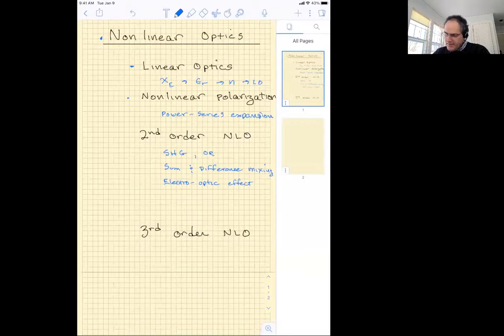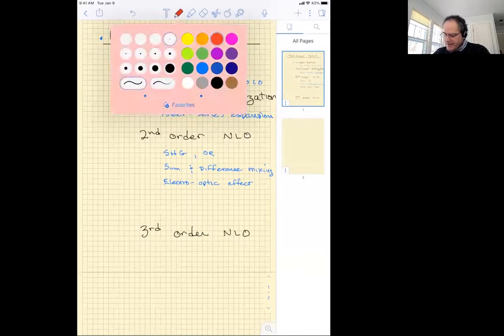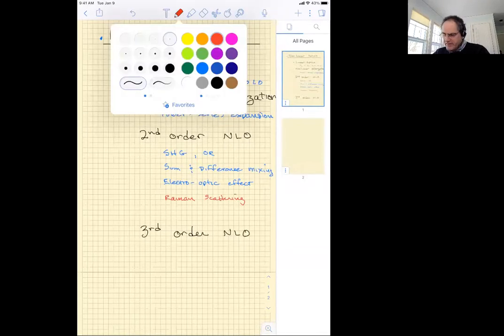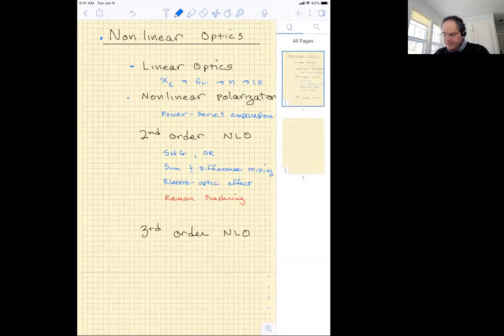And then, at least in my description here, this includes a somewhat related phenomenon called Raman scattering. Although Raman scattering actually is a little bit different than the other nonlinear phenomena. We'll also talk about some third order nonlinear phenomena, actually just one, something called the Kerr effect.